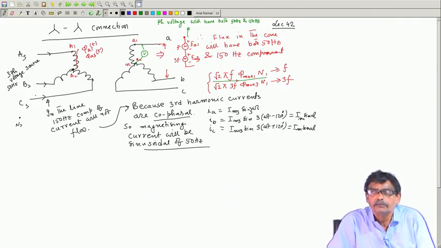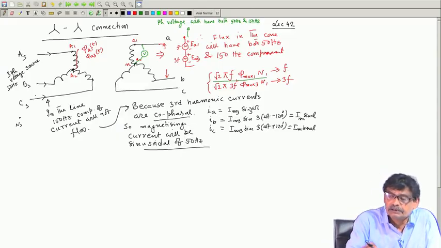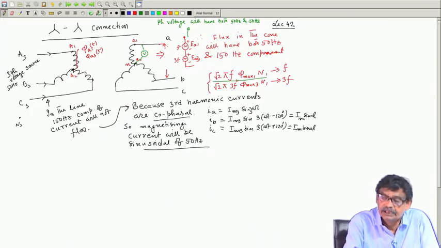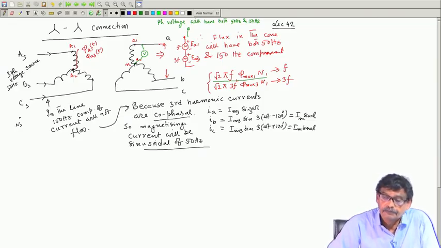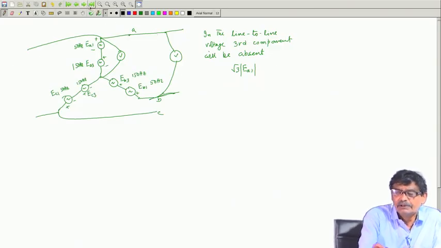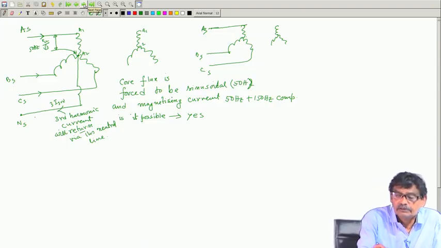Other higher order harmonic components are also there, but we are neglecting them because their amplitudes are smaller. The phase voltages will then be distorted, although there will be no effect on the line to line voltage, which will only have 50 hertz components. But the phase voltage will have that 150 hertz component. This happens, and we must give it importance.